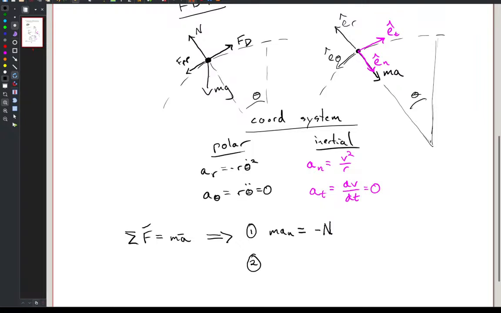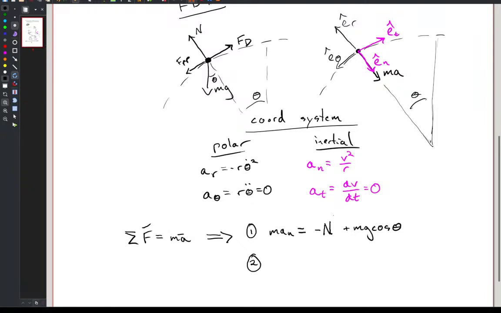If that's theta, this is theta. So I've got a plus mg cosine theta. I don't know what theta is, and right now I'm just trying to get to what equations are going to help me solve this problem. That's okay. Theta is some function of time, right?